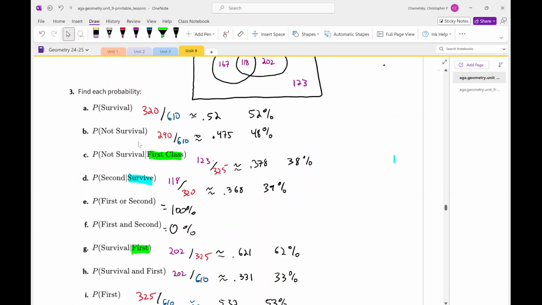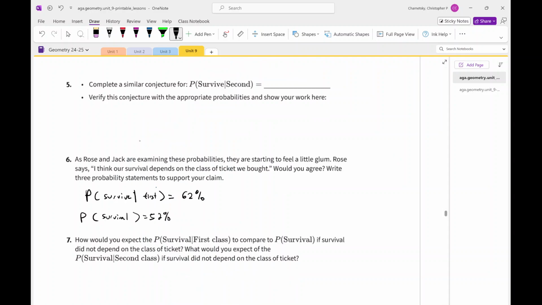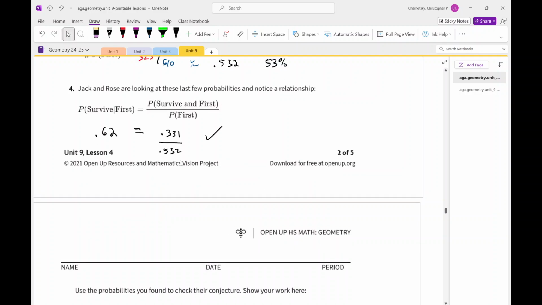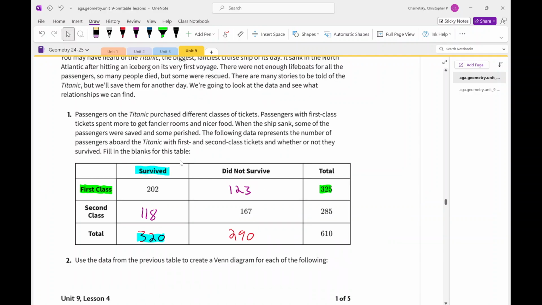Probability of surviving, given that you're a second class passenger. Well, we can look that up. That would be 118 out of 285.